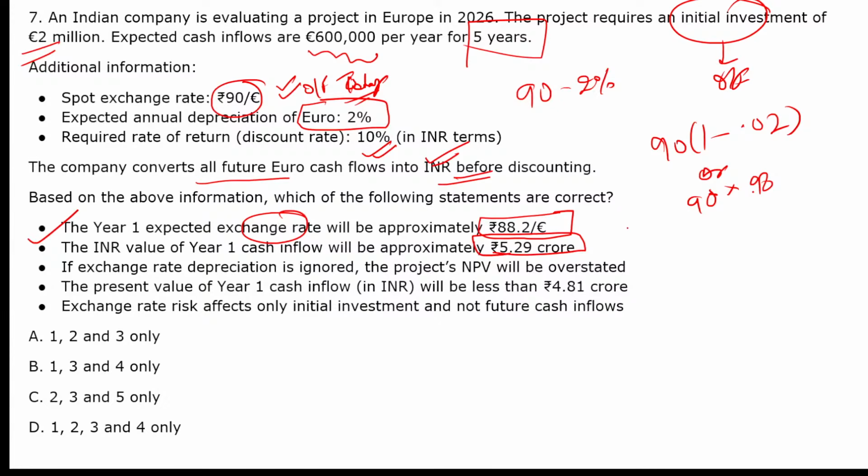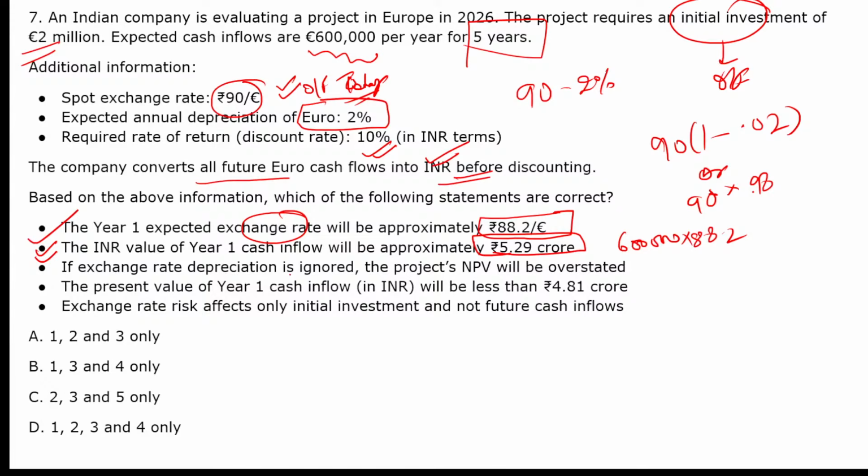We can calculate that. We are getting 600,000 and the rate is 88.2. So how much will it be? 6 into 88.2, which is approx 5.29 CR. So this statement is also correct.